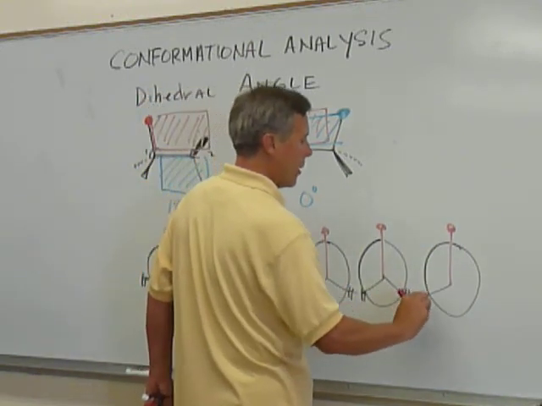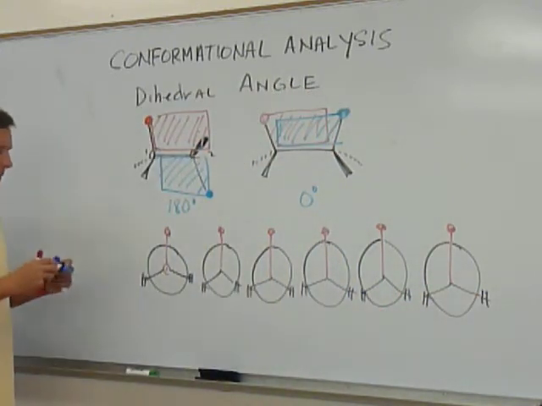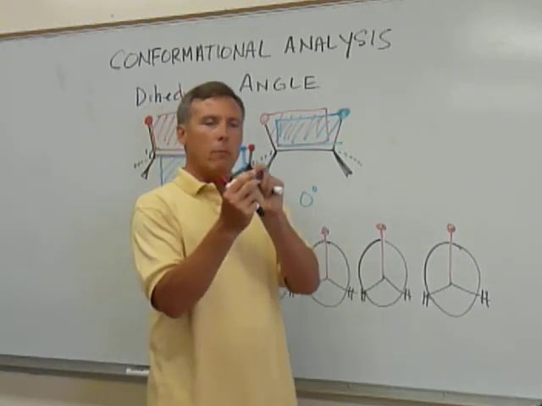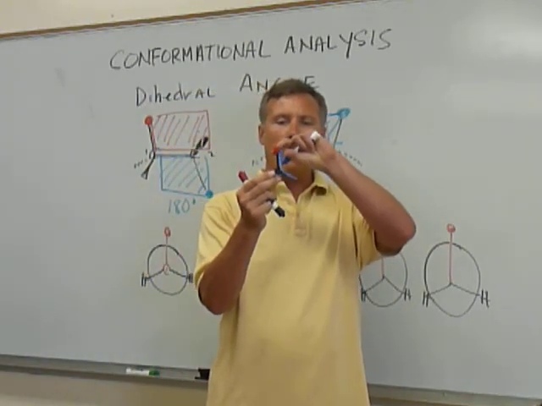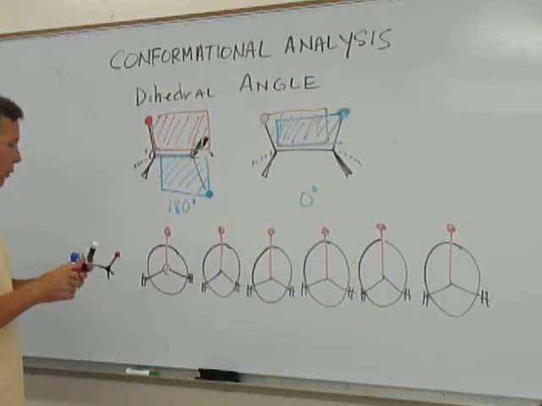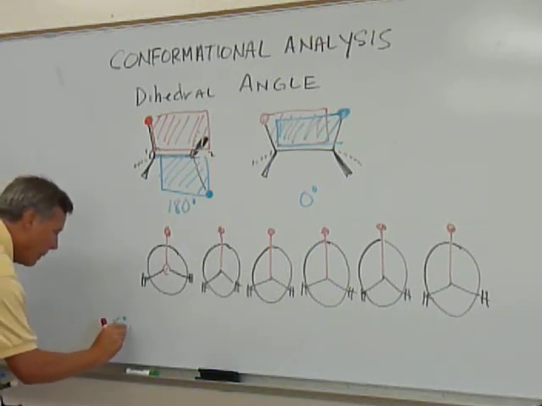And we note that in our analysis, carbon 1 does not get rotated. However, we will rotate the blue hydrogen in the back 60 degrees. So right now, we will begin our analysis with a dihedral angle at 0 degrees.